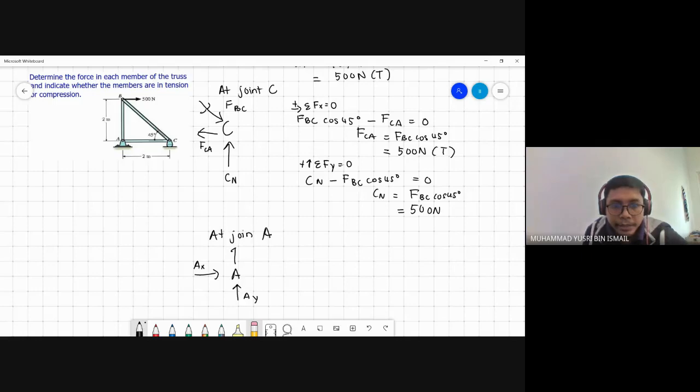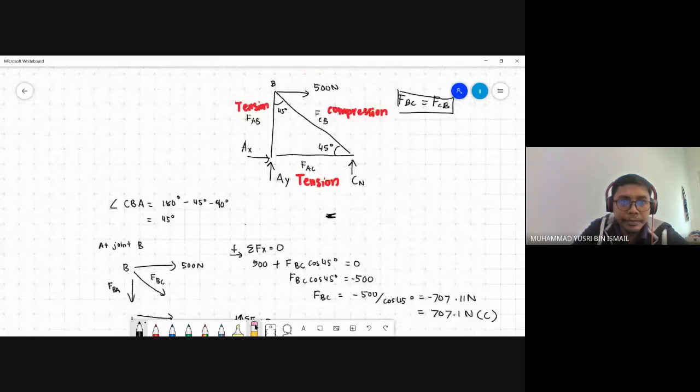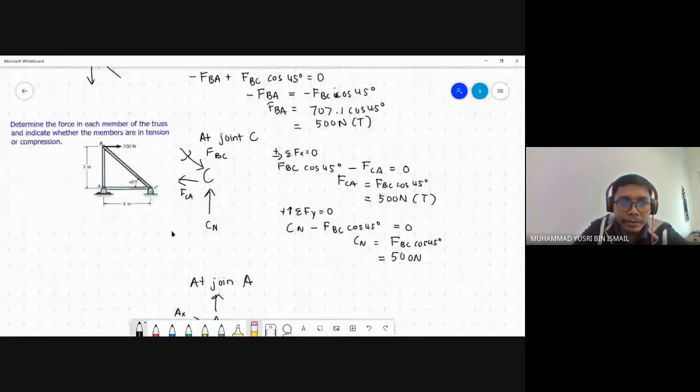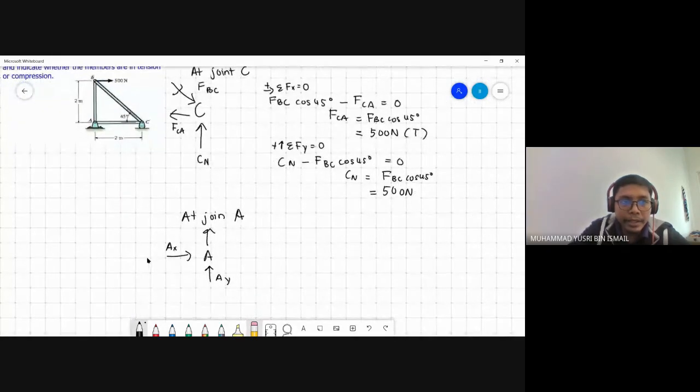So tension is going upward. Then FAC is a tension as well. So it's going to the right.